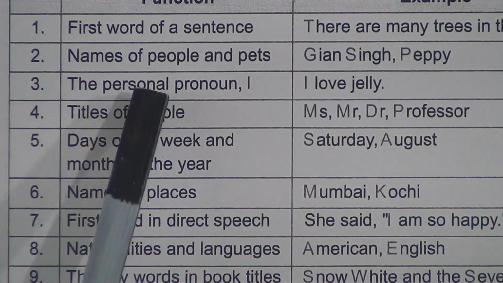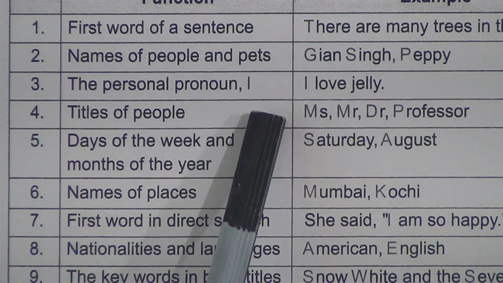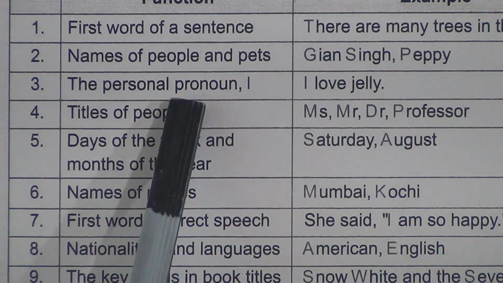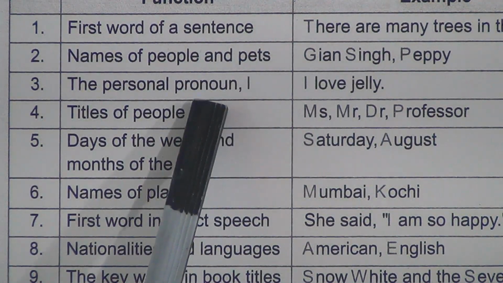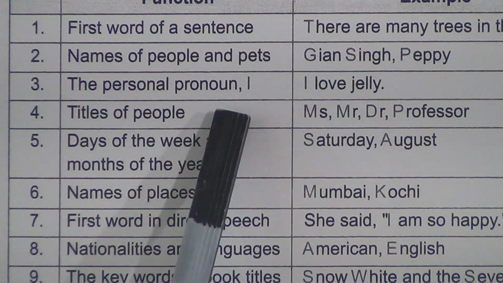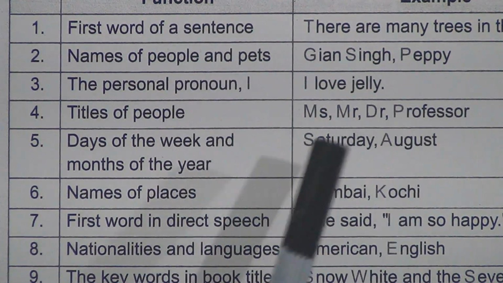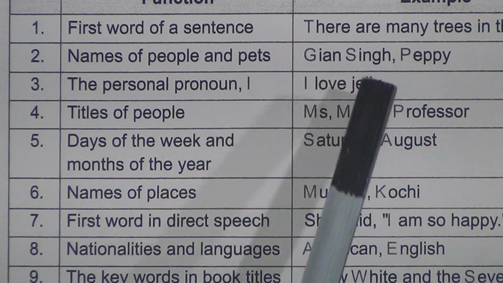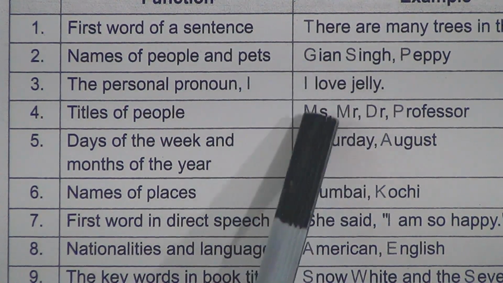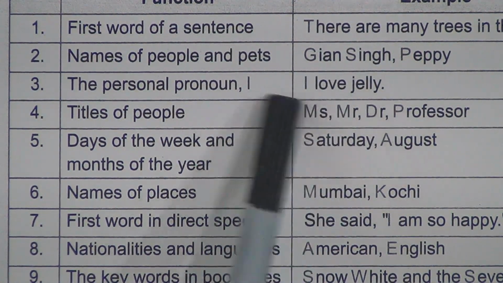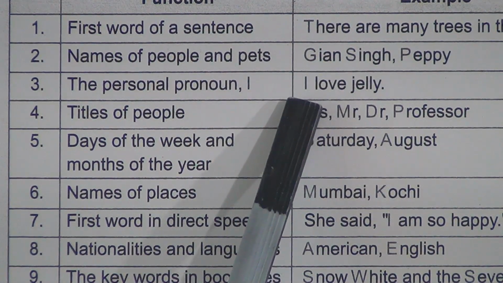Number 3, the personal pronoun I. Remember that when we use the personal pronoun as subject, it must be in capital letter. For example, we can show, I love jelly. Here I is a personal pronoun and we have written it in capital letter.